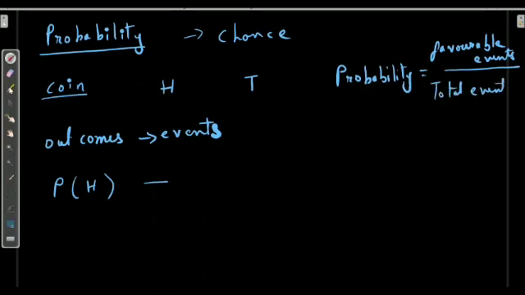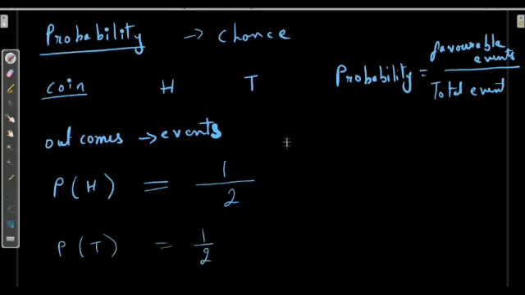So in this question, the total events are 2, and for favorable we get 1 head, so 1 upon 2. The probability of getting head is 1 upon 2. Similarly, the probability of tail is 1 upon 2.